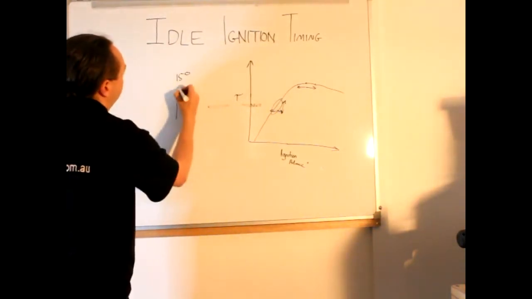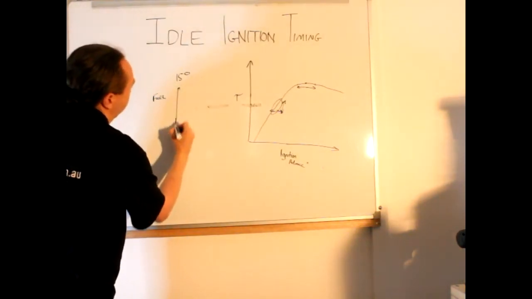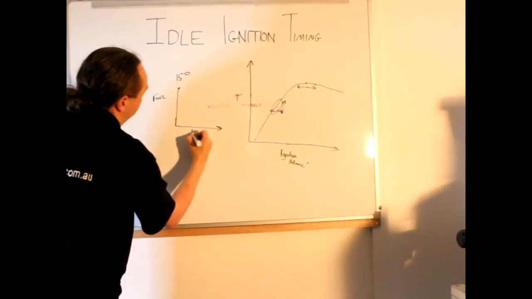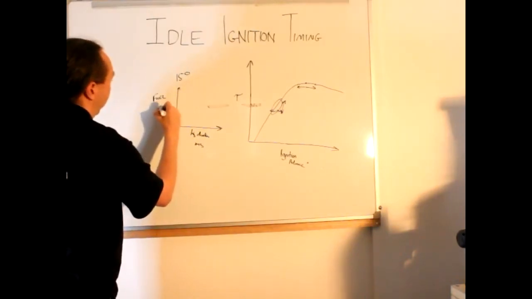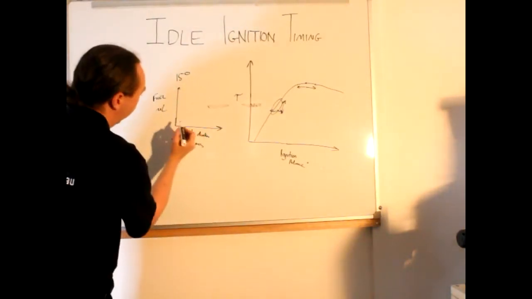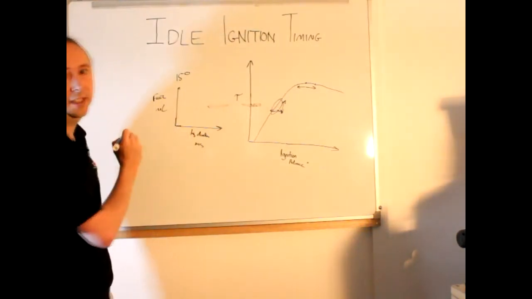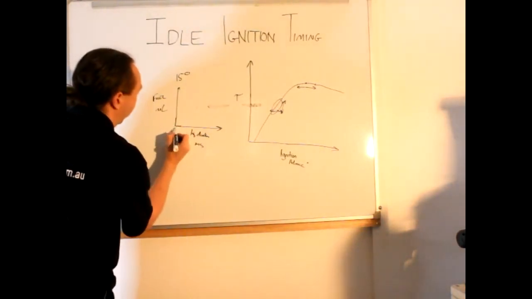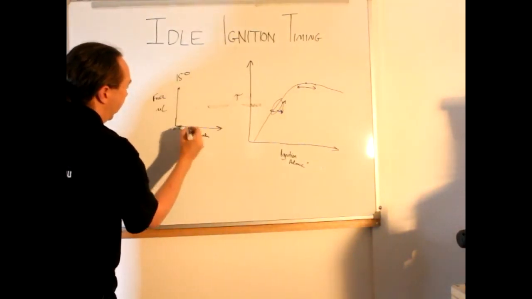If you've ever looked at the amount of fuel that gets injected, in microliters, versus the injector pulse width or duration in milliseconds, then you'll see that for the first part of the fuel injection time, the injector doesn't actually open. It'll say from 0 up to, say, 1 millisecond or something like that.